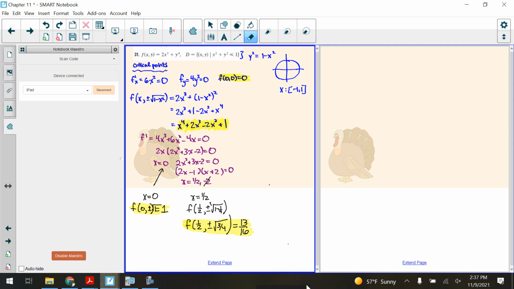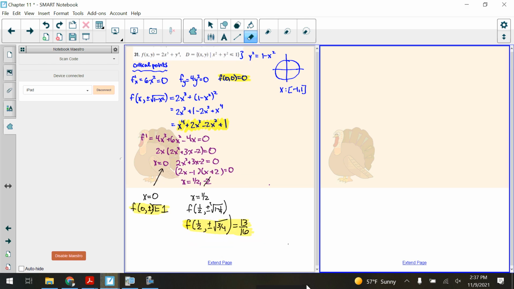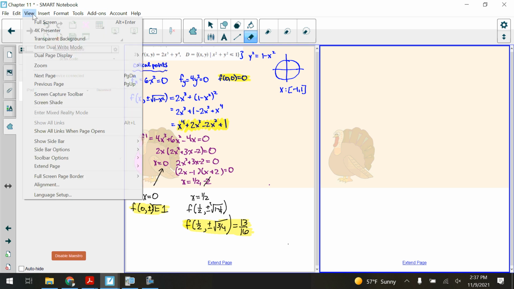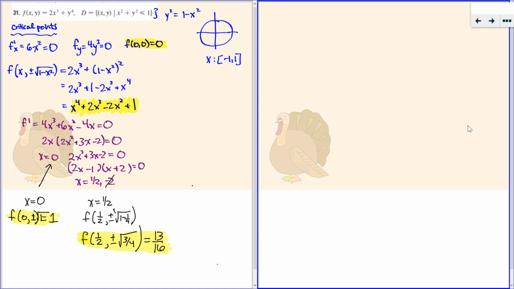So let's look then at f of 1. Actually, I'll do the lower point first, which was f of -1. So it was f of (-1, 0).